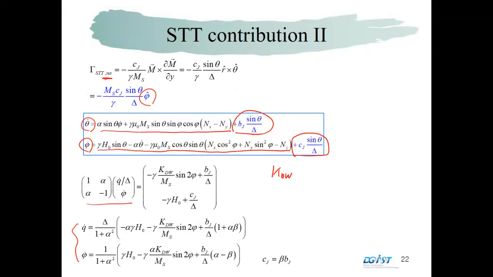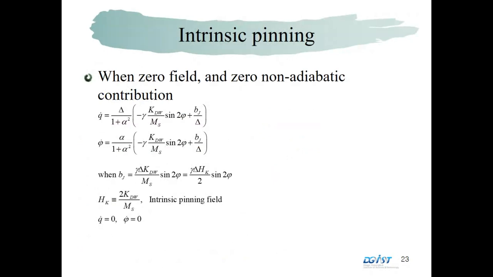Okay, here we assume the non-adiabatic torque is proportional to the adiabatic torque by the factor beta. In the zero field and zero non-adiabatic contribution case, we obtained these relations, and you have to pay attention: these two mathematical expressions are identical.